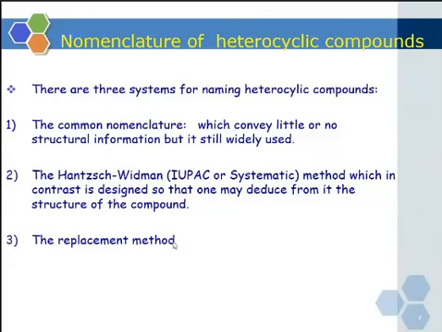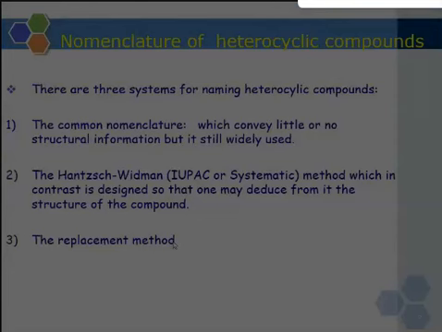However, it is still used quite widely. So this common nomenclature gives us the trivial name, or the common name in general. It has got nothing to do with detailed structural information.